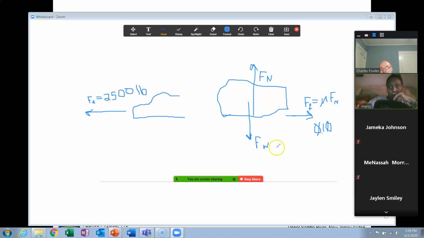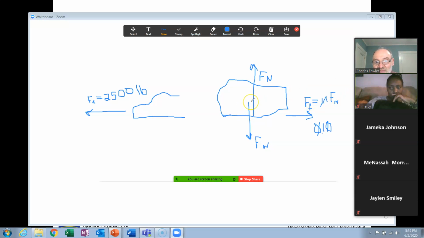So we're going to come up with the weight of the truck, which is equal to the normal force. Well, this frictional force has to equal the pulling force of the truck, the applied force of the truck. So all you're doing is pulling this mass back here.